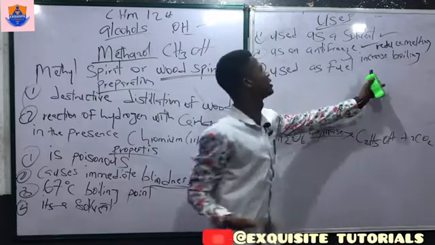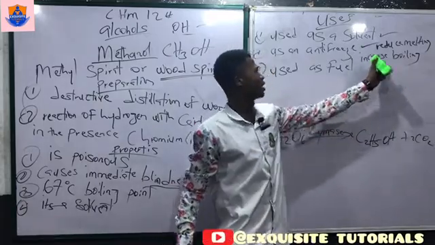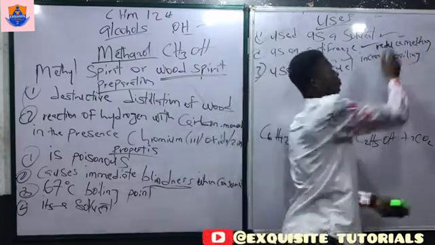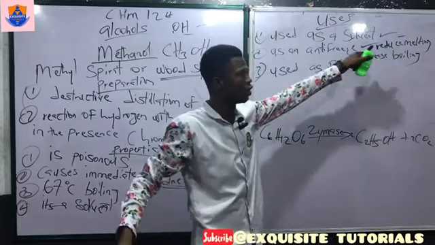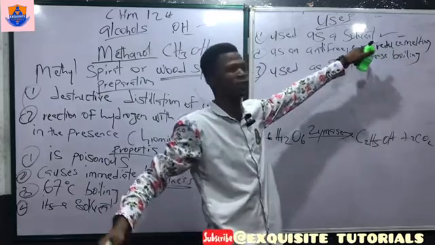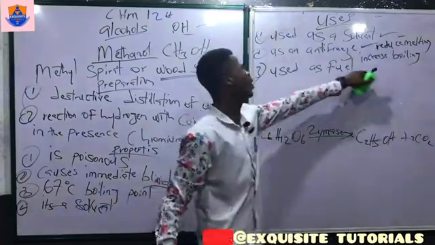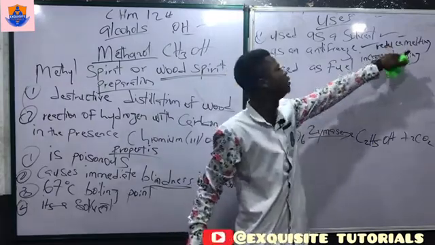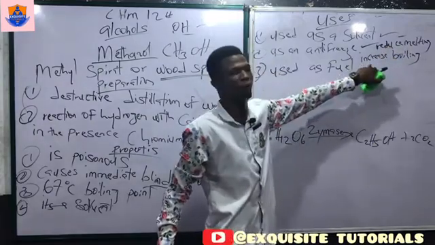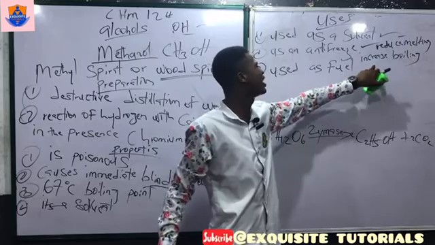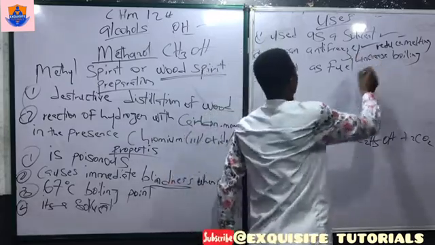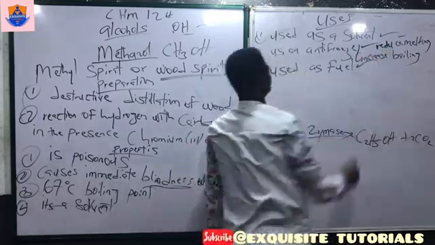These are the two ways that methanol works as an antifreeze. It reduces your melting point so that your solvent or your liquid will not easily reach the melting point, and increases the boiling point so that in time of heat it will not easily reach the boiling point.